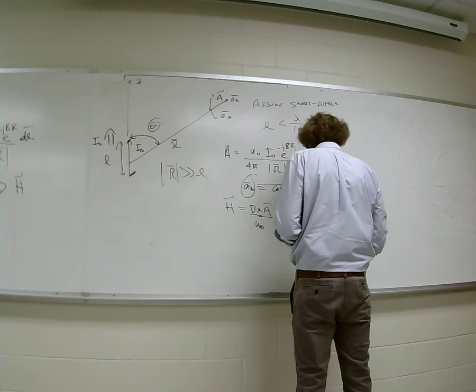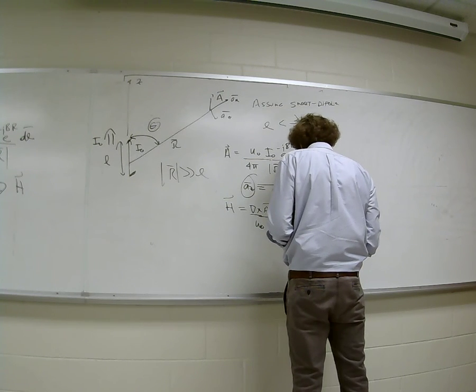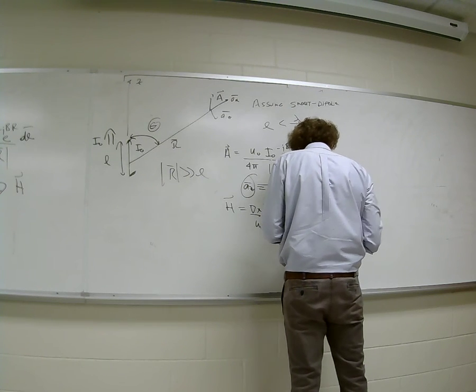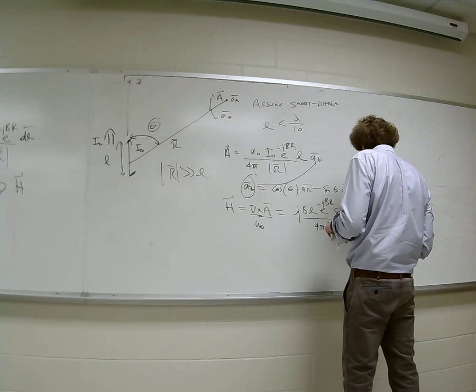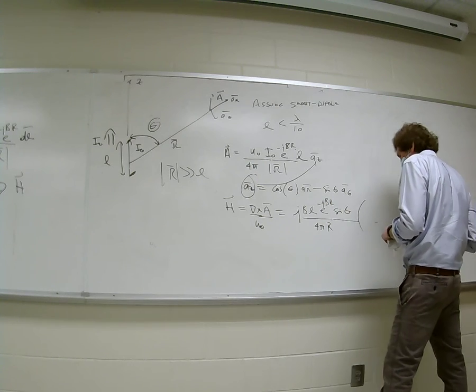It's going to be a sine of theta over 4 pi R, actually R, not R squared. And then it's going to be in the A phi direction here.